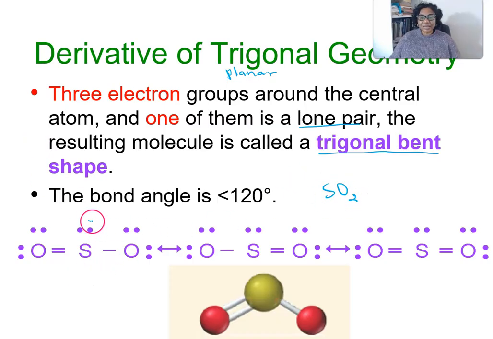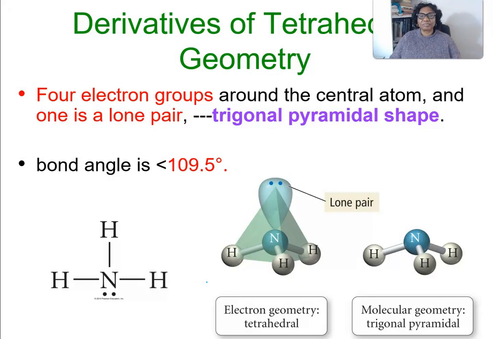You see, it has one lone pair around the central atom, then 2 of them are bonded. So you have this shape. This is what we call the trigonal bent shape.